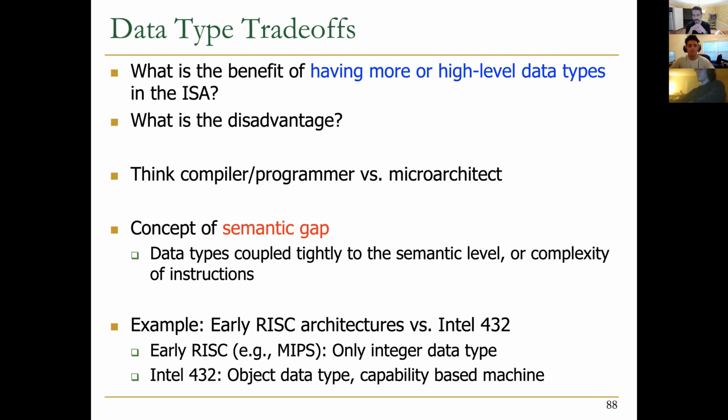And that's why there is this trend in industry, RISC versus CISC. RISC is reduced instruction set computers, which is the trend that basically happened with the early ISAs and architectures.